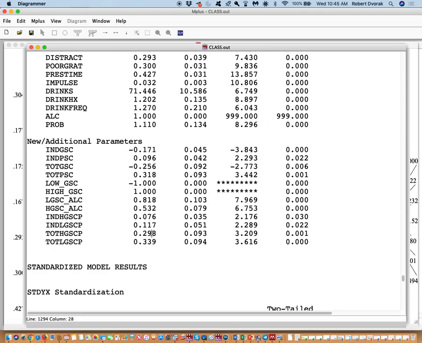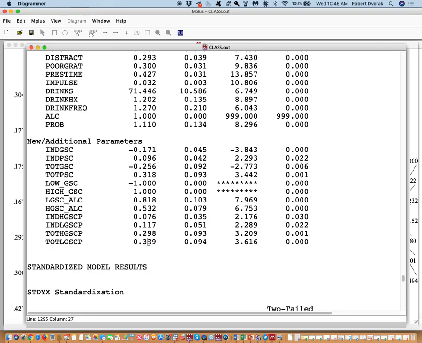So then we have a total effect of poor self-control of 0.318. That is the indirect effect plus the direct effect, right? And if we look down here at high good self-control, it is less at 0.298. And it is more when good self-control is low.